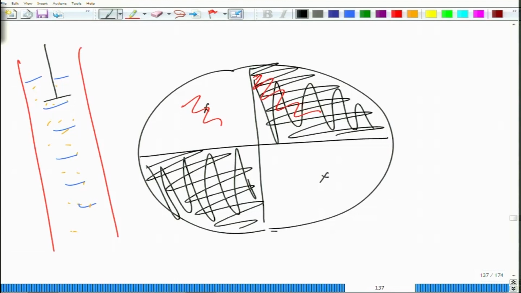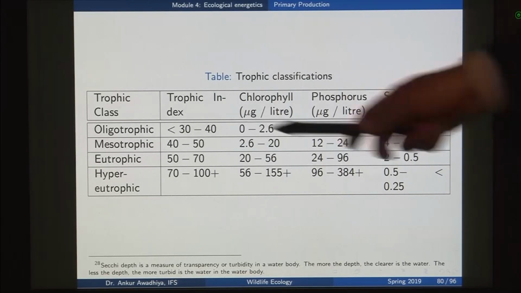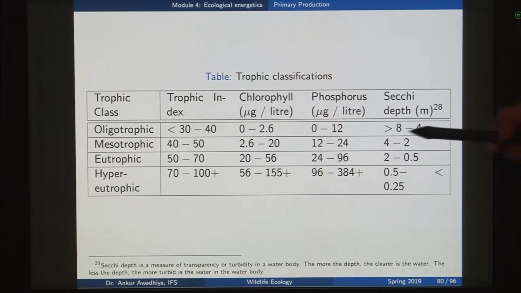So, in the case of an oligotrophic lake, because this is a clear lake with very low turbidity, Secchi depth is very high, it is greater than 4 meters, and as you move on to hypereutrophic lakes, it becomes as less as 25 centimeters. So, these are the differences between these different lakes.